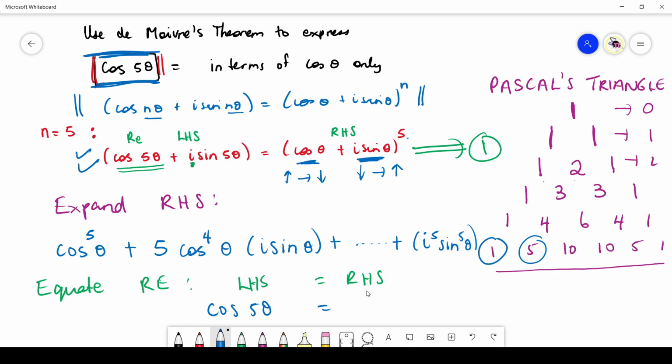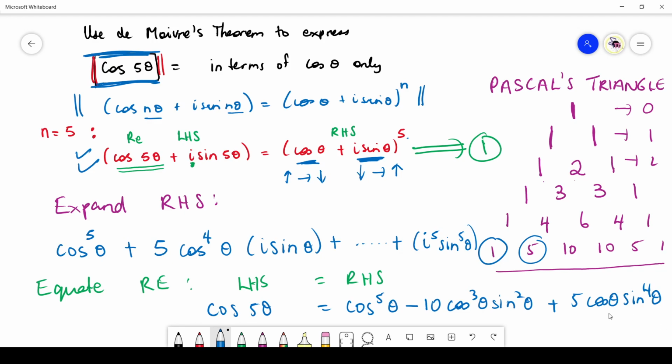And on the right-hand side, after expanding it in blue, all the components of the real part end up being cos to the 5 theta, plus, actually it turned out to be minus 10 cos cubed theta sine squared theta, plus 5 cos theta sine to the power of 4 theta. So it's a lot of algebra. It's not hard, it's pretty easy. It's just a lot of algebra.